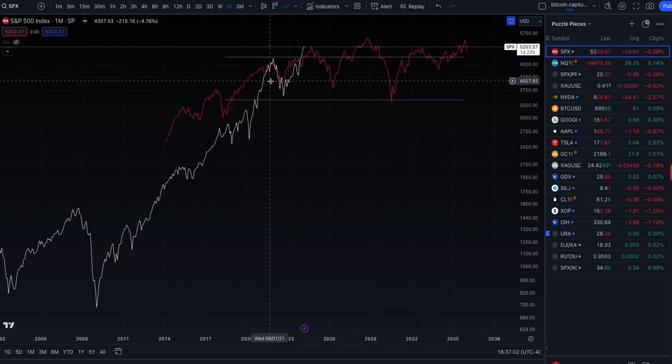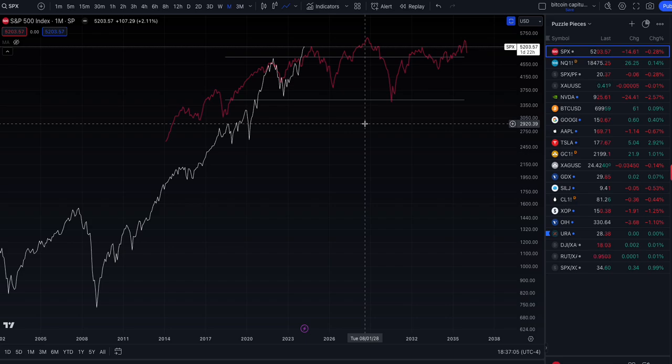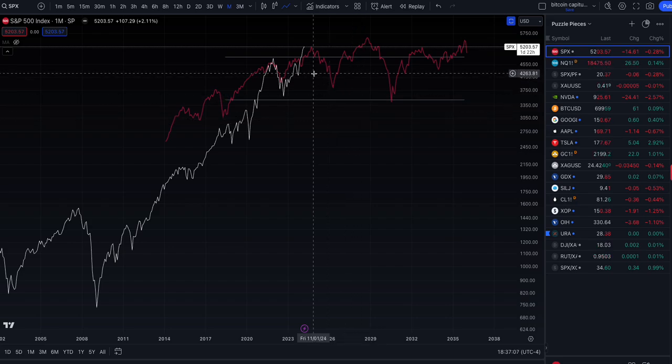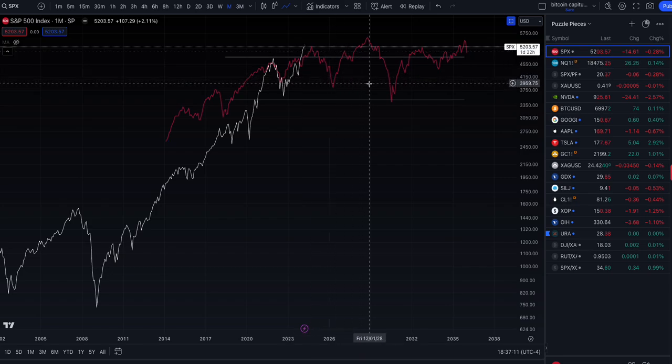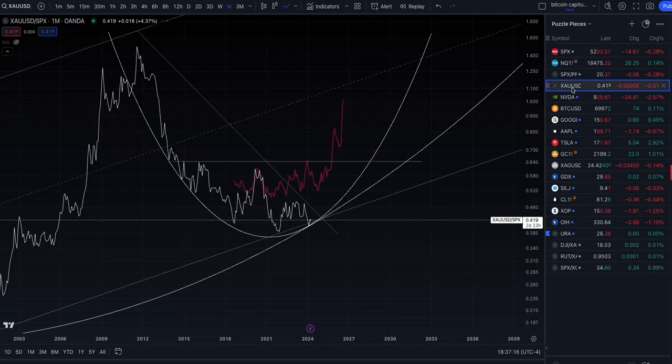Comparing the fractal of the late 1960s, early 1970s S&P 500 to today, I think it may not match exactly, but it may be rhyming. And so what I'm going to also jump into is the gold to SPX ratio. Let's ignore this fractal for a second.